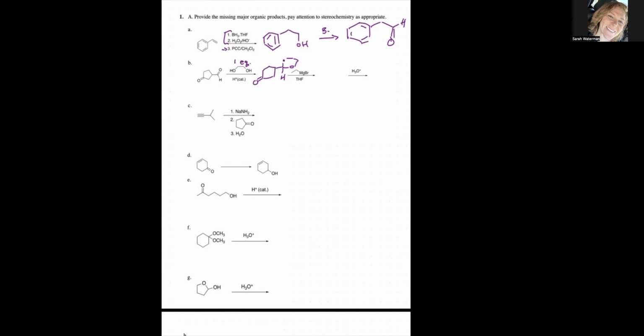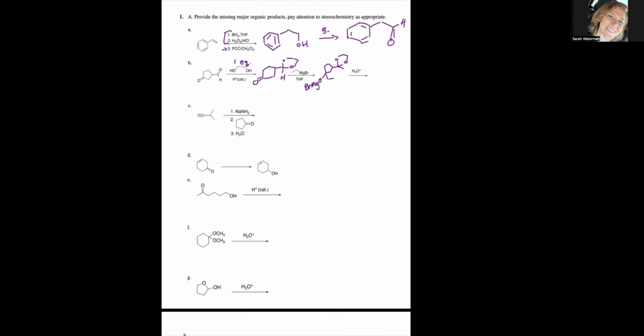So what we do here is we still have our 5-carbon ring and our protected, and then what we have is our O, and then MgBr with our methyl, right?